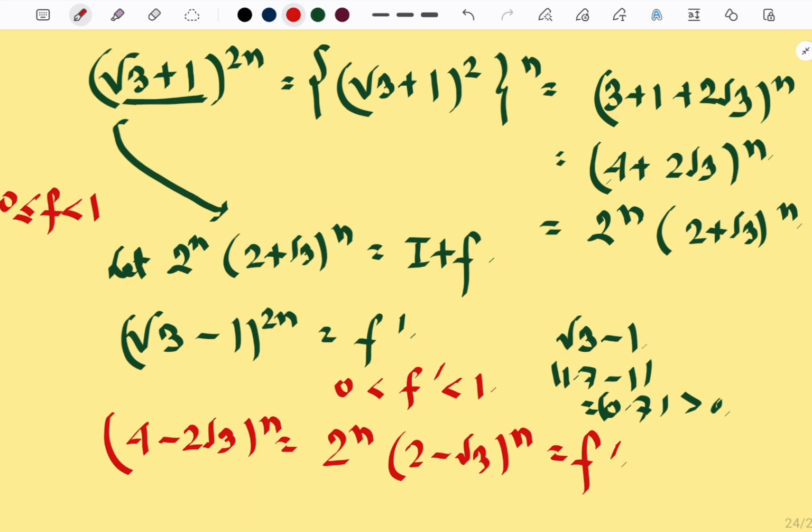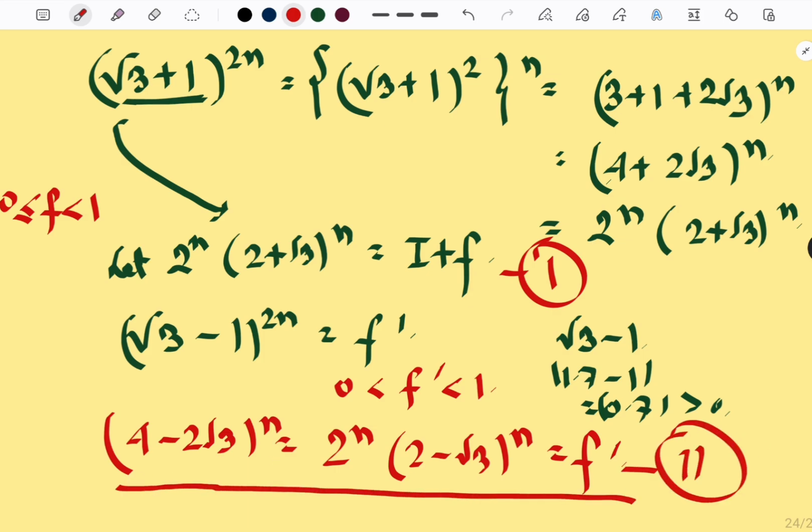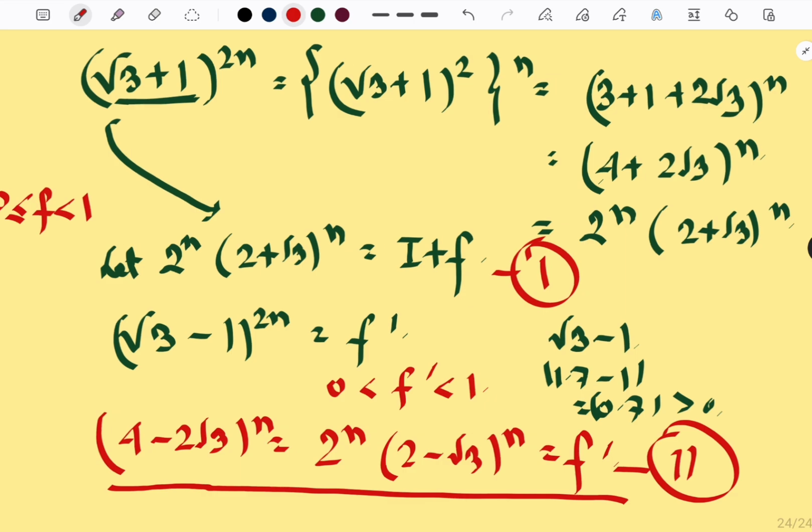We usually proceed in this way. It is I + f, this is the first equation, this is the second equation. We expand and then add up. The reason being, to remove the surds.